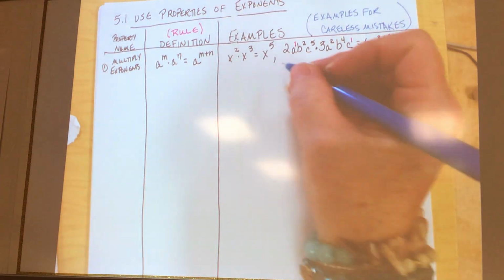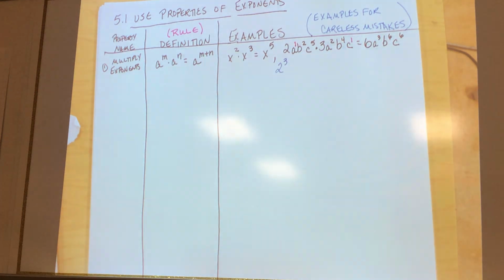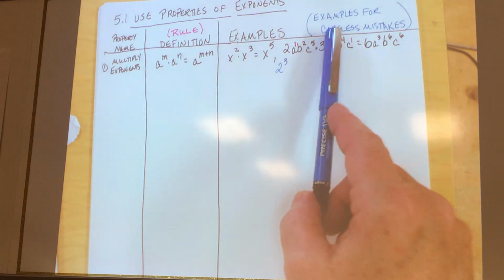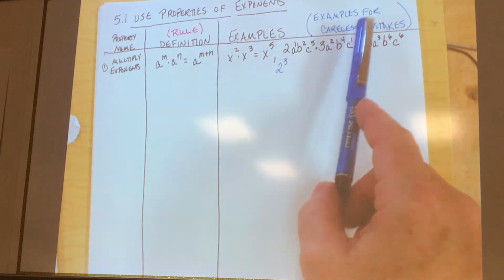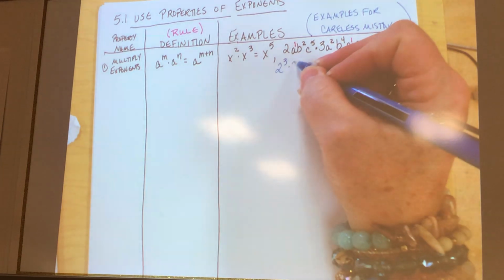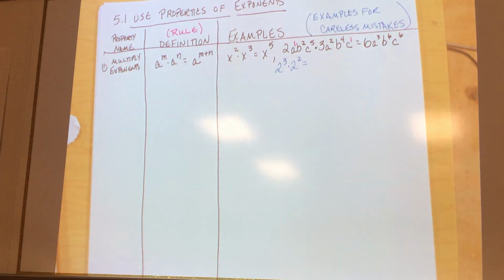Are you ready? Notice what pen I brought out. See my pen? What am I telling you? Example: 2 to the third times 2 to the second. People, if you only could follow the rules.